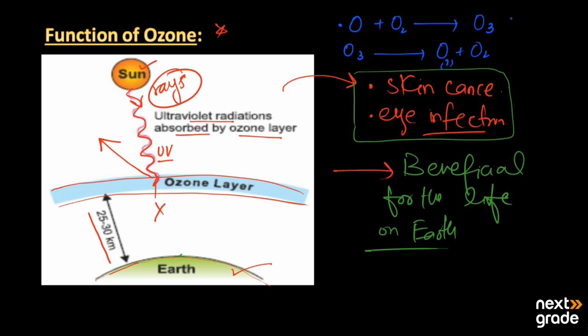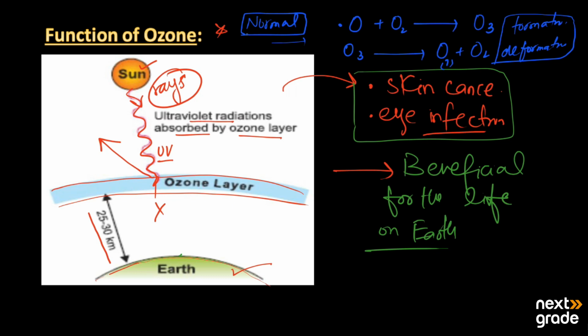So this process is the formation, and this process is known as the deformation. These two processes happen under normal conditions. So this is the natural process that is happening in the stratosphere.